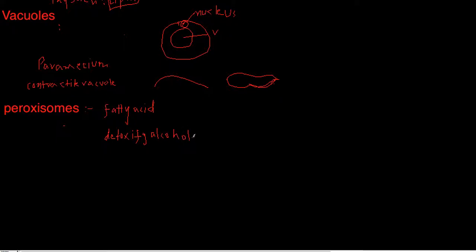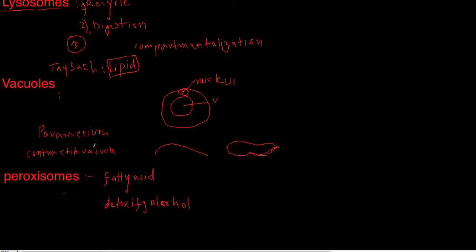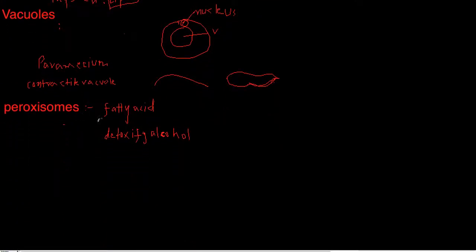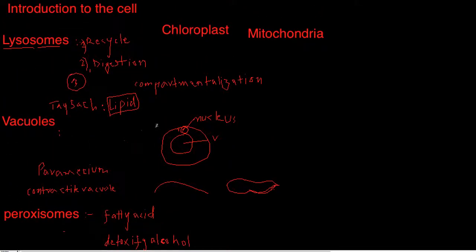So this is basically a simple organelle. Its main function was it processes fatty acid, and it detoxifies alcohol and harmful substances in our body.